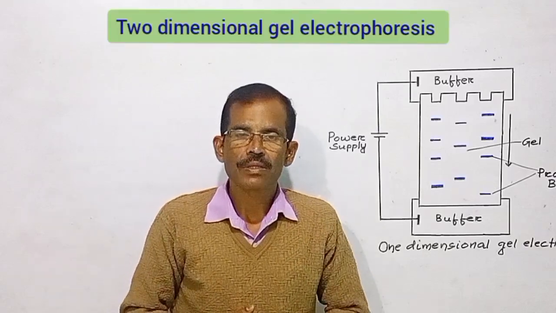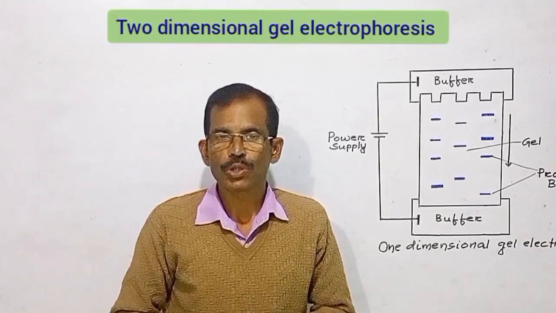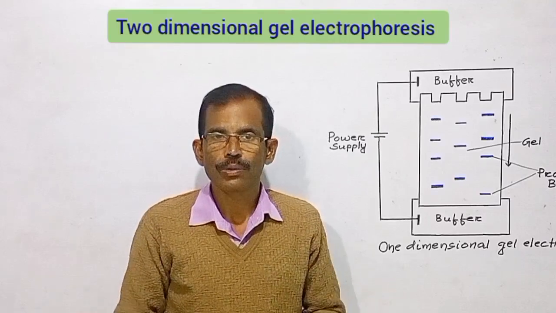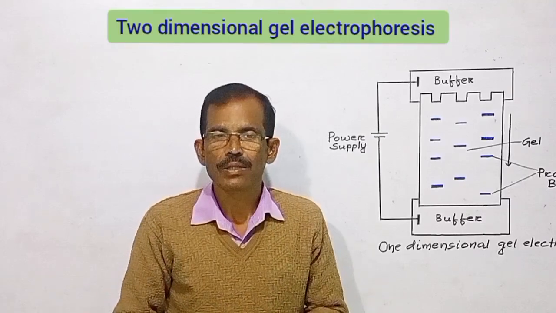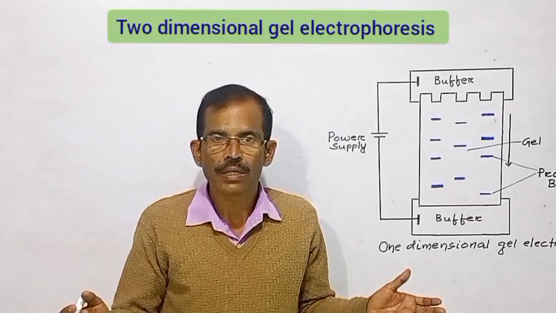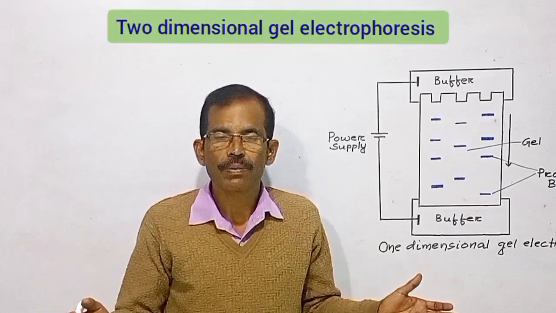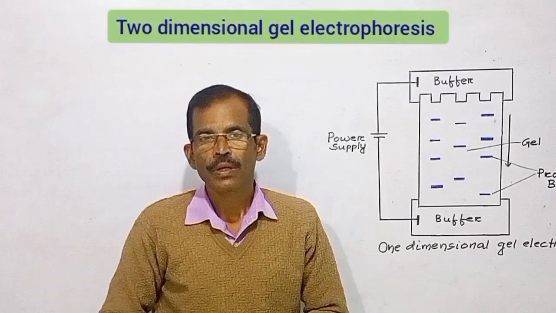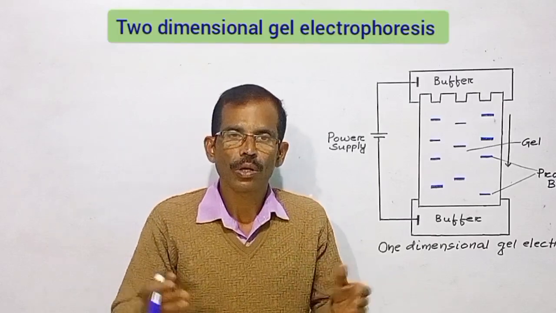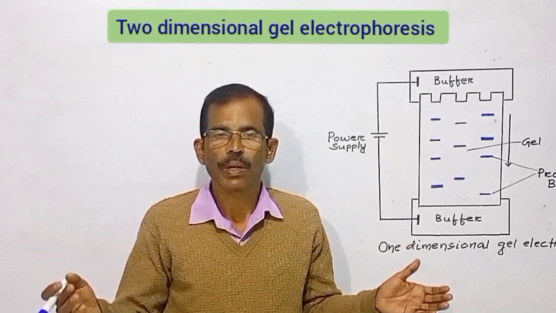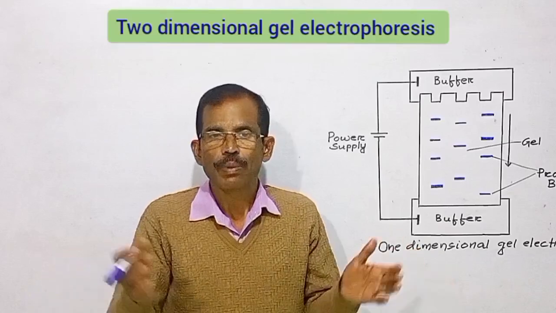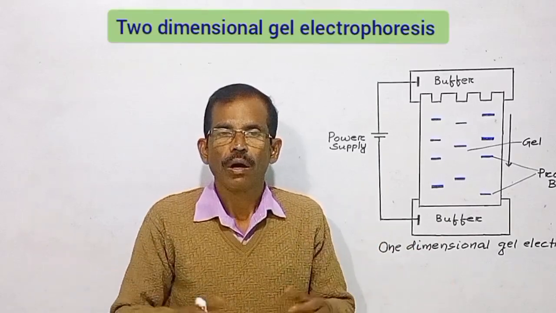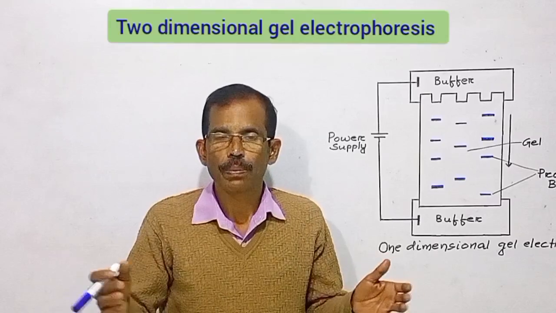Although one-dimensional gel electrophoresis of proteins is most commonly carried out, this technique is not effective when proteins have similar physicochemical properties. This technique is also not suitable for the separation and fractionation of complex protein mixtures obtained from biological samples.